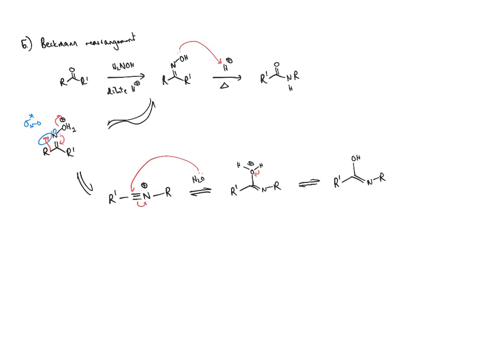And this neutral species can just tautomerize to form your amide product. And so we have a good way of taking ketones and making amides out of them. Very similar to the way that we took ketones and made esters out of them. Similar type of rearrangement mechanism.